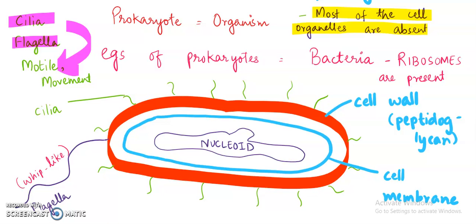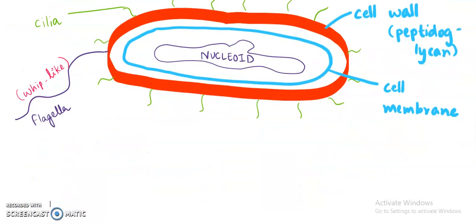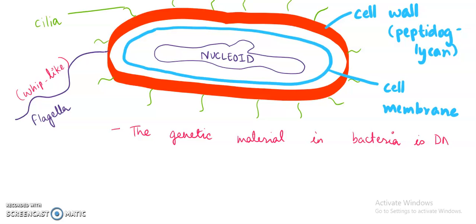Now, if you ask me a question that, ma'am, do bacteria have genetic material? Yes. You can also write about its genetic material, that the genetic material in bacteria is DNA. DNA stands for deoxyribonucleic acid.